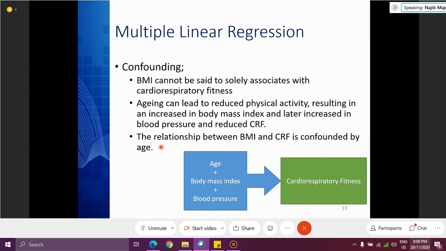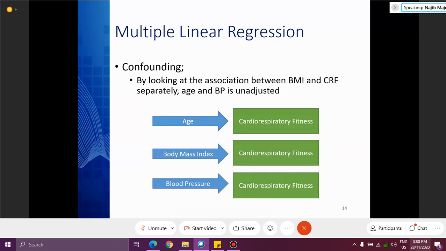So the relationship between BMI and cardiorespiratory fitness is confounded by age. By looking at the association between BMI and cardiorespiratory fitness separately, age and also blood pressure are unadjusted.